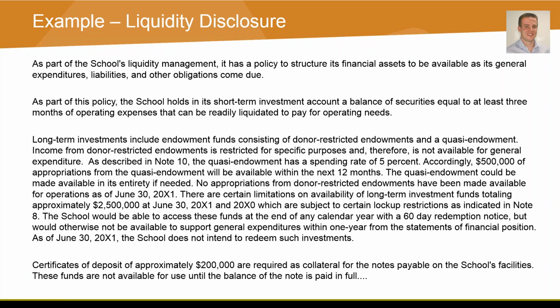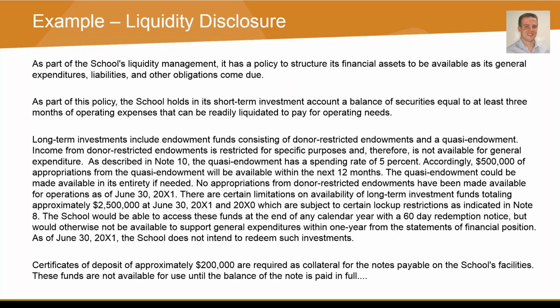It indicates that long-term investments include endowment funds and quasi-endowment funds. They're expecting to appropriate $500,000 from their quasi-endowment over the next 12 months, but the entire endowment could be made available in its entirety if needed. Then it talks about certain limitations on their long-term investments, where they have lockup restrictions.